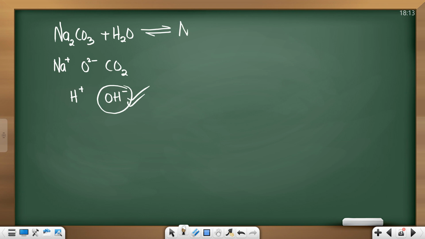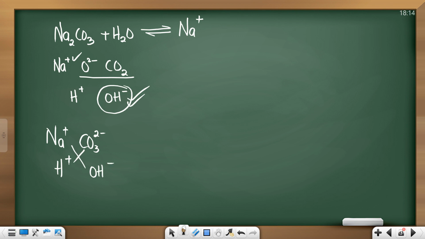What are we going to have? We're going to have Na plus, an ion, so it's going to remain in the solution. We're talking about ionic solutions here. If I want to use ionic equations to explain this, my sodium would be Na plus and CO3 2 minus. When that reacts, remember I have H plus and OH minus.